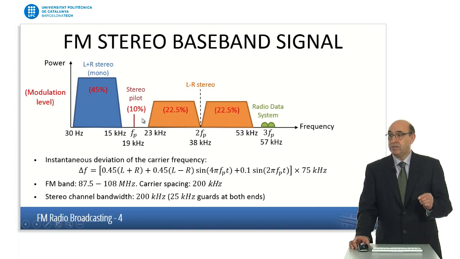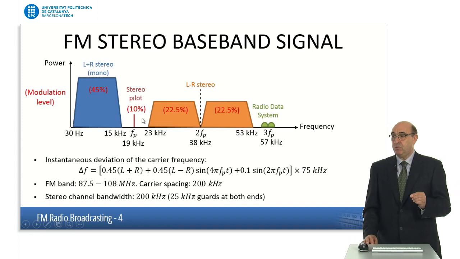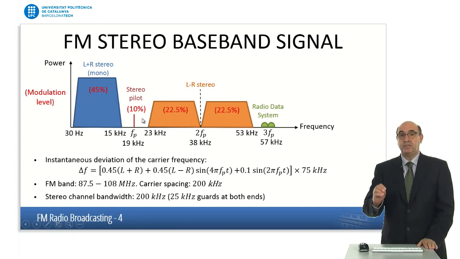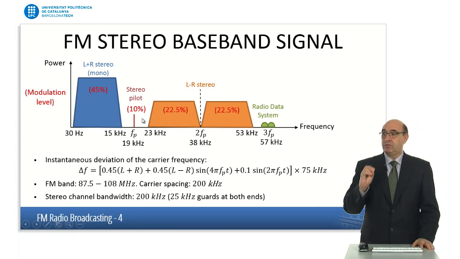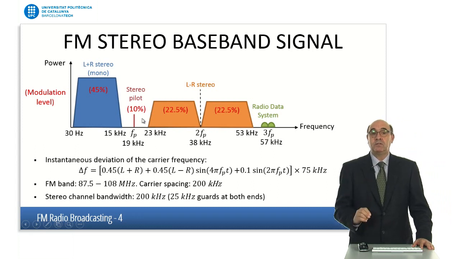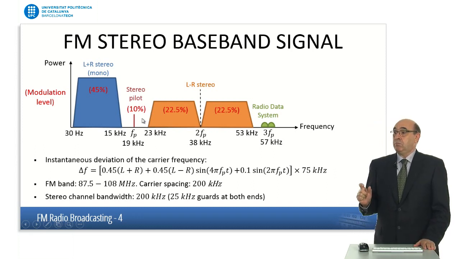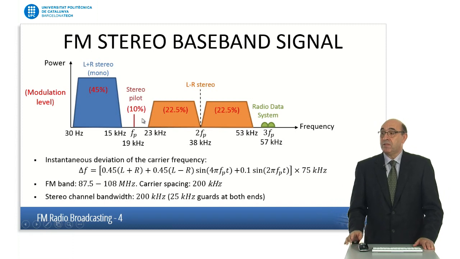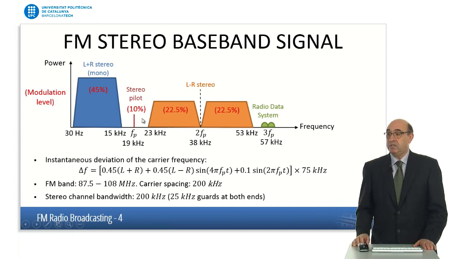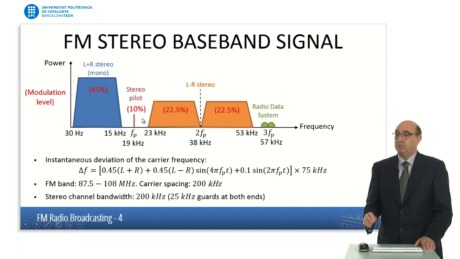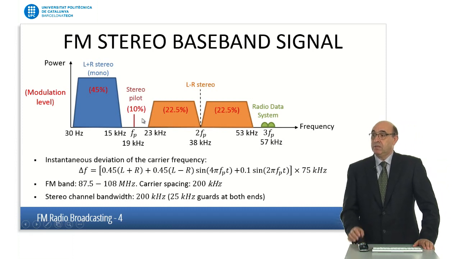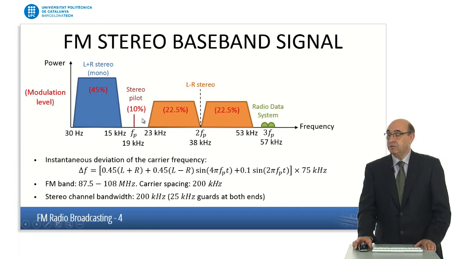But it also serves another purpose, which is to signal the receiver that it is locked to a stereo signal. So this is the pilot that you will see lighting in your radio when you tune a stereo station.